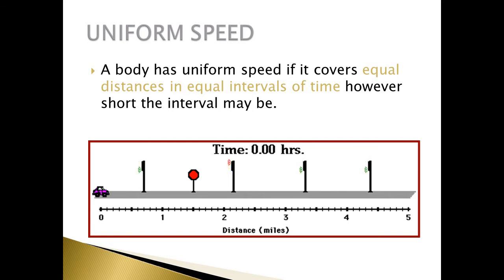For example, a car is covering 1 mile in 5 seconds, 2 miles in 10 seconds, or similarly when it covers equal distance in equal intervals of time, then it would be uniform speed.